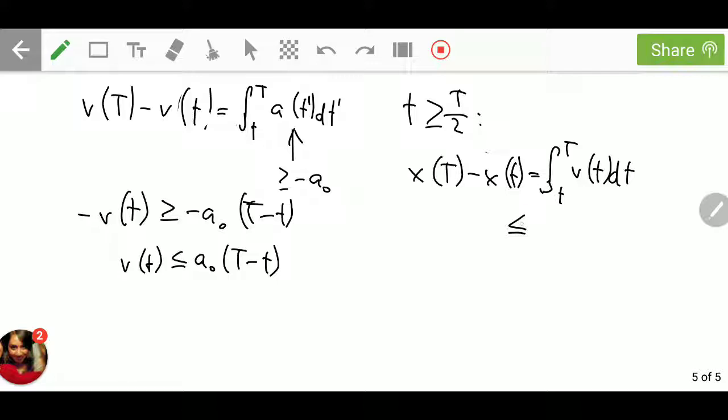That's going to be less than or equal to the integral from little t to big T of a naught times big T minus little t dt.